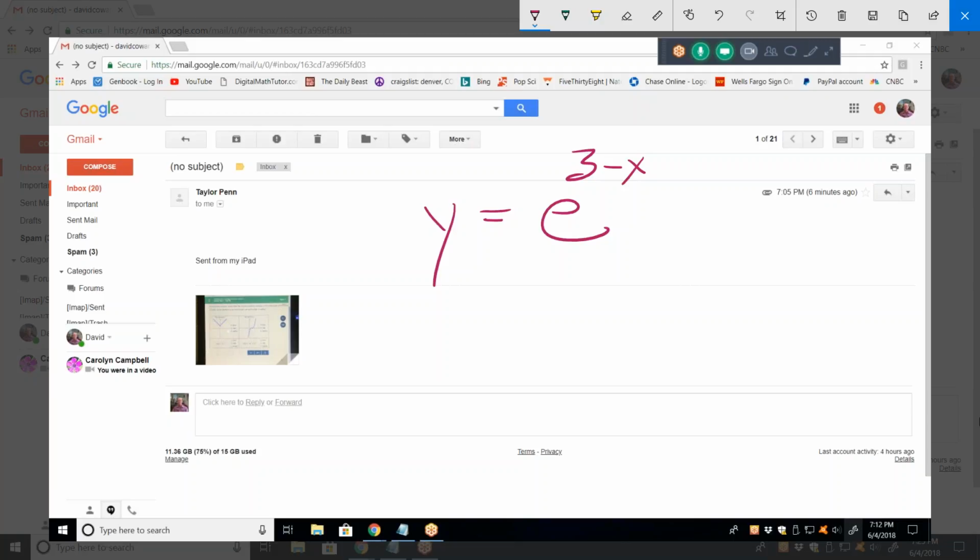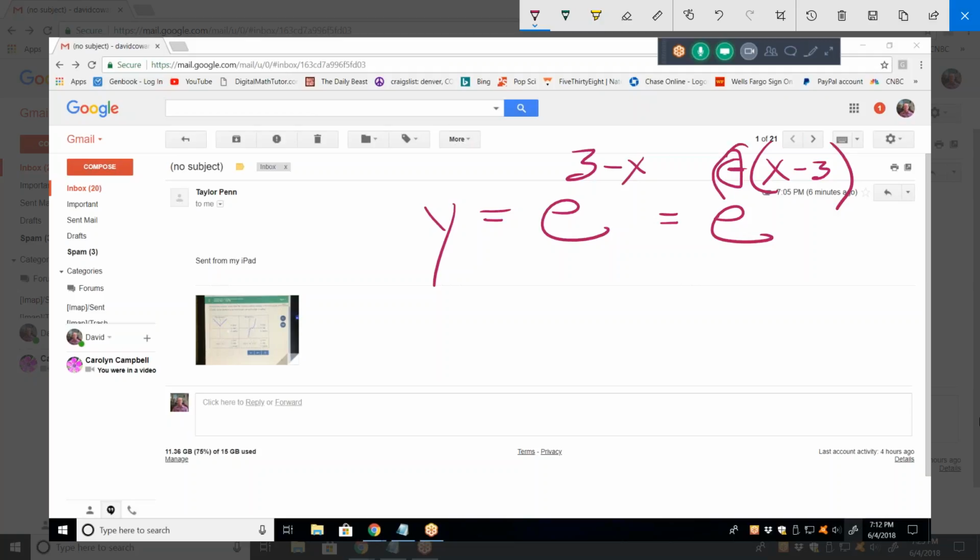I don't know. Okay, what you have to do there is factor out that negative sign and make it look like this. And now that negative sign is inside the function.